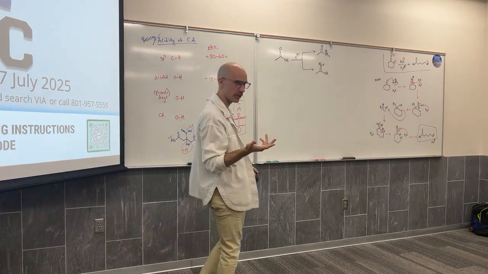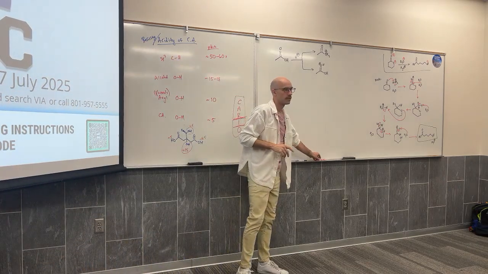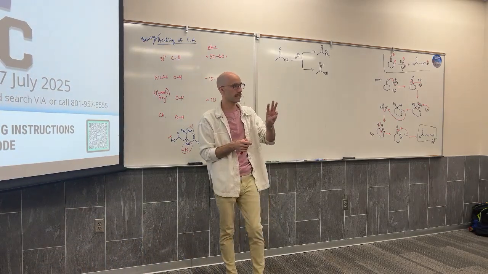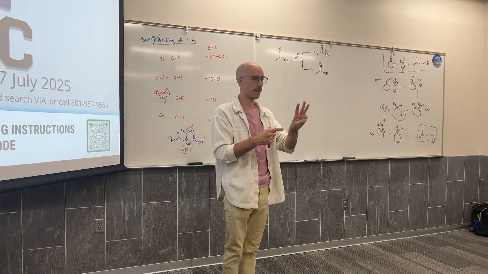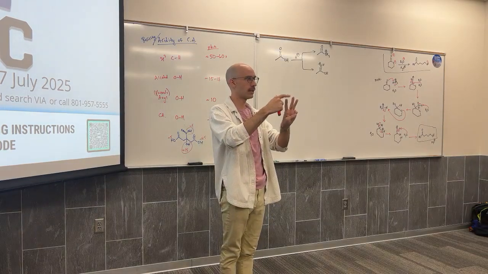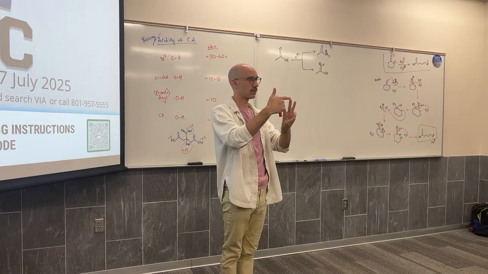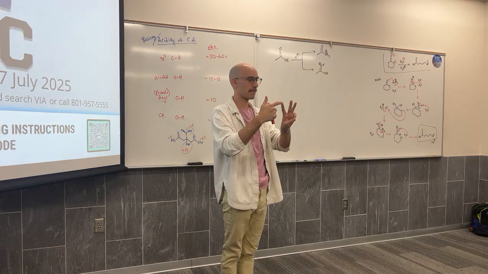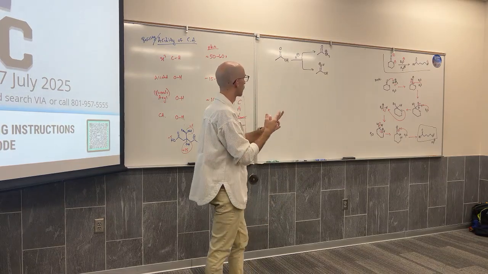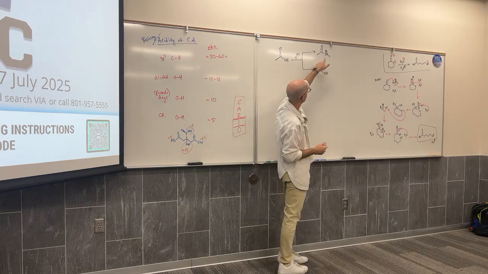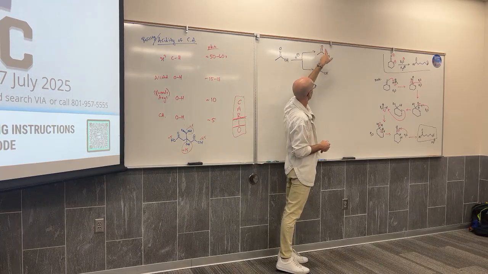So remember how to look for resonance? It's common to look for a 3-atom system that contains a charge and a pi bond. So here's a 3-atom system, charge and a pi bond.